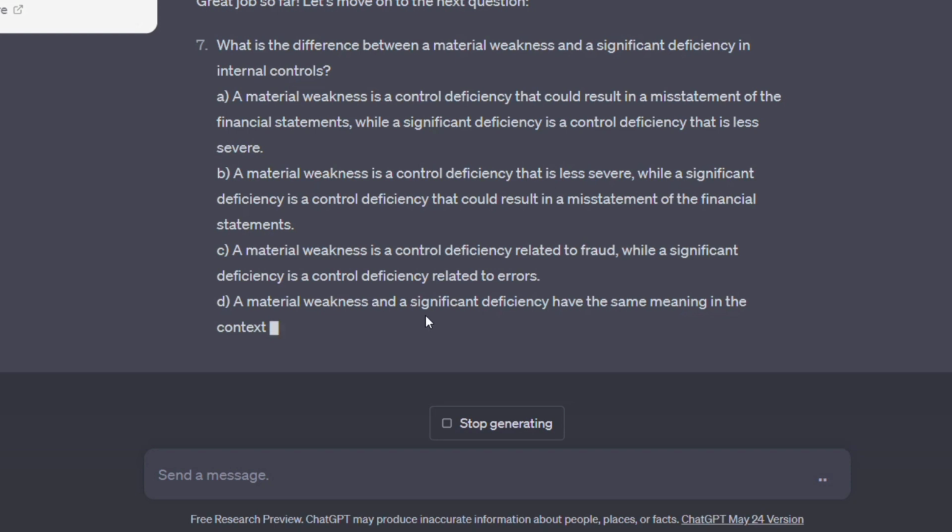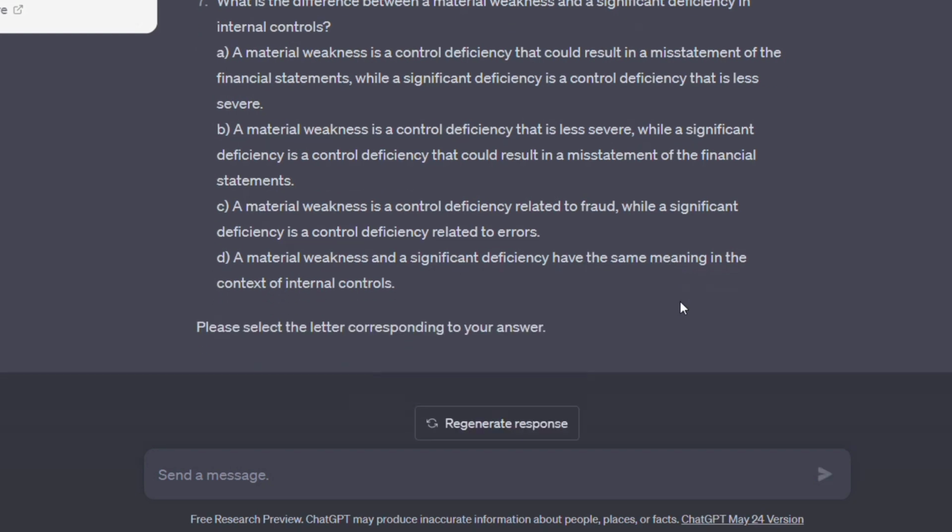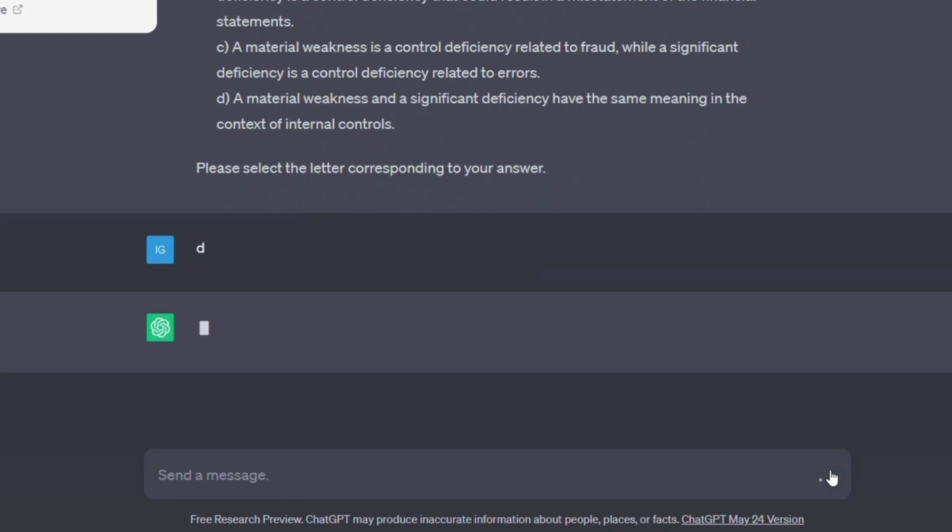A material weakness and a significant deficiency have the same meaning in the context of internal controls. Can be. I cannot say. If we talk about material weakness, that could result in misstatement of financial statements. We cannot say that the internal controls. Oh, letter D. I recorded it.